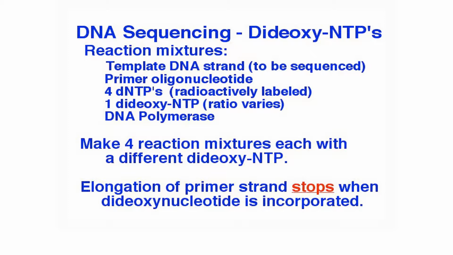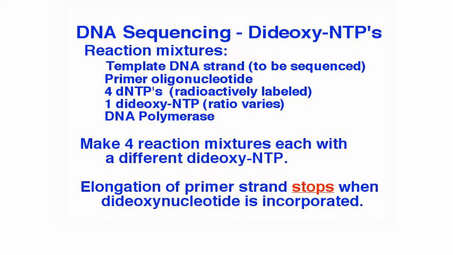So we are going to first cover the components that are required in the reaction mixtures. We need a template DNA strand, so this is the DNA of interest. We need a small primer, a short sequence that will find a complementary sequence in the template strand.